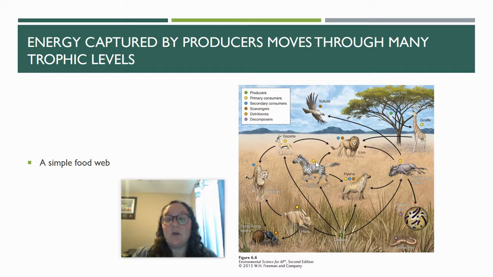So the hyenas are both primary and secondary consumers depending on which food chain we're looking at. So if the hyena is eating grass, for example, that would make it a primary consumer, but they also like to eat that dead wildebeest. So, you gotta eat what makes you happy, I guess.